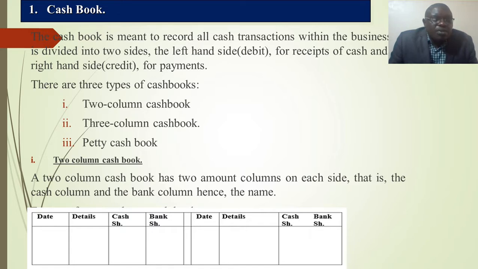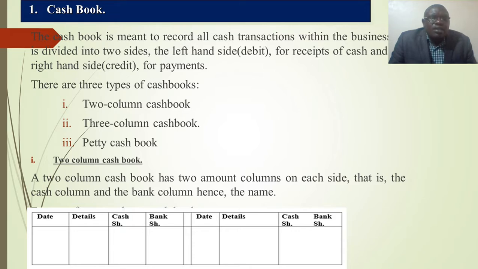When you look at the format at the bottom of that slide, you will notice that the left-hand side has the date, details, cash, and bank. Then the right-hand side again has the same columns: date, details, cash, and bank. The two sides are separated by a double line. If you look at each of the two sides, you will realize that we have two amount columns, a column for cash and a column for bank.